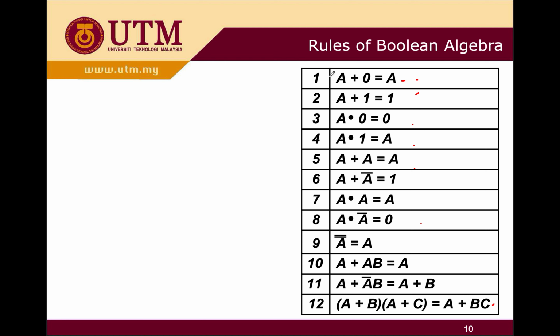So the first rule is A plus 0 equal to A. Over here, this A can be B, can be C, can be X, can be Y, can be any variable, as I mentioned. As long as you have the input, plus any kind of zero input, you will get the same output as the input A over here.